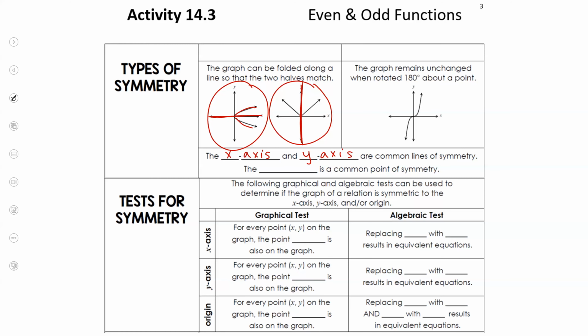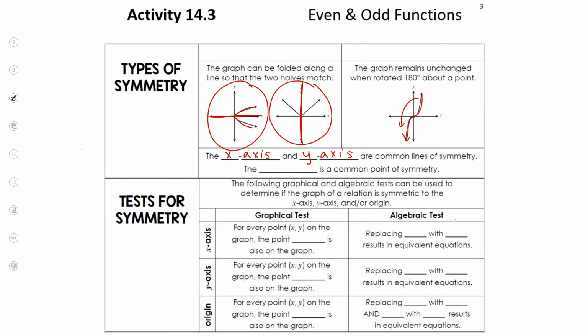Now, the third symmetry that you will see is if the graph remains unchanged when you rotate it 180 degrees, meaning this, if you rotate it 180 degrees, it'll be right here, facing down. You see how it's right on top of the other line? And let me do this in a different color.